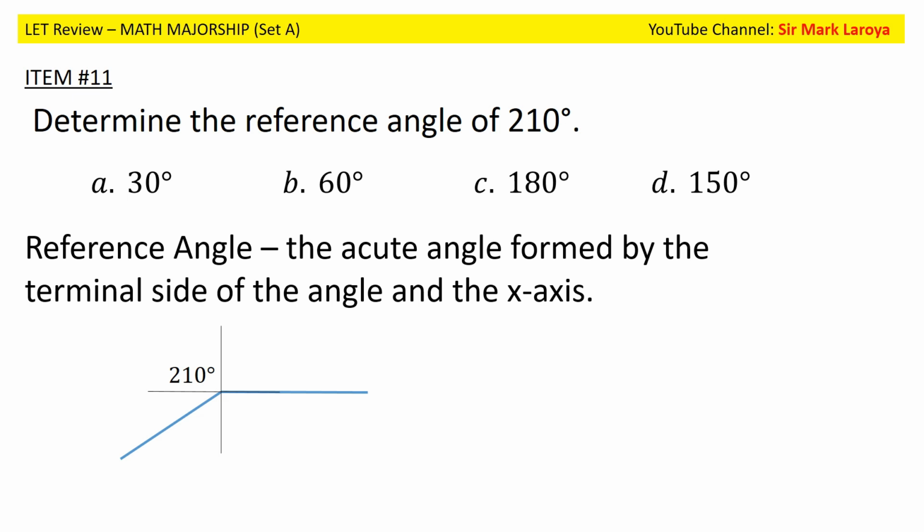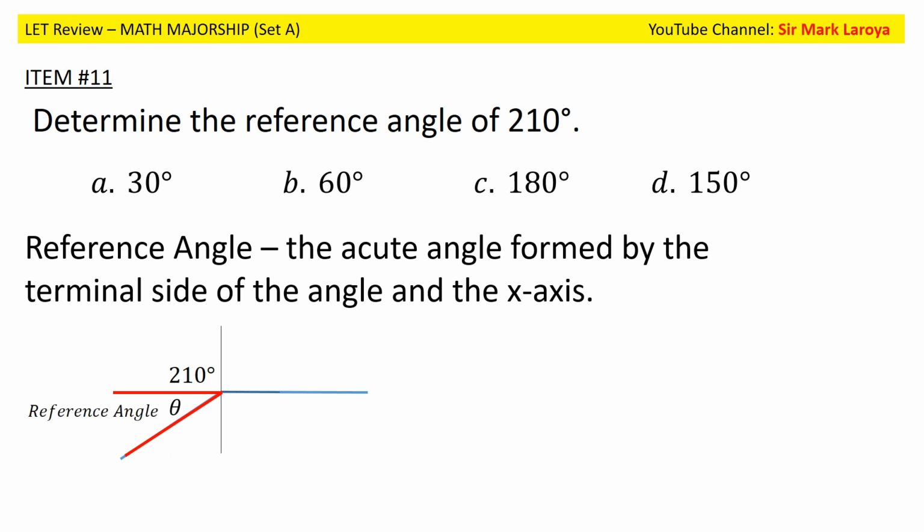So yung terminal side ng 210 degrees natin dito, since that is positive, ay yung nasa third quadrant, yung blue line. Now, sabi dito, acute angle formed by the terminal side and the x-axis. So, our terminal side here forms an acute angle with our negative x-axis. So, this is now our what we call the reference angle.